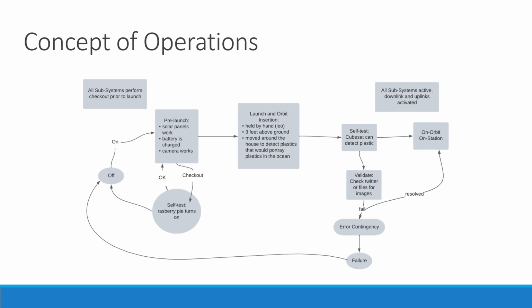If it fails, we go into an error contingency phase, and if that is resolved, meaning it is able to upload the picture onto Twitter, then we are on to our last phase, on orbit on station. If it stays in error contingency and fails, it will be a failure and we'll go back to phase 1, which is the off phase, and restart everything.